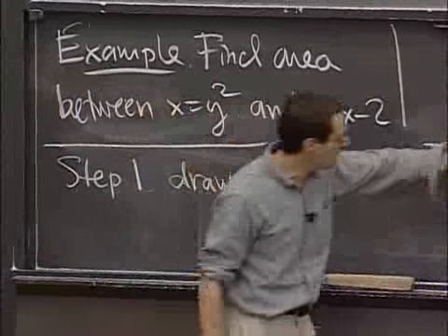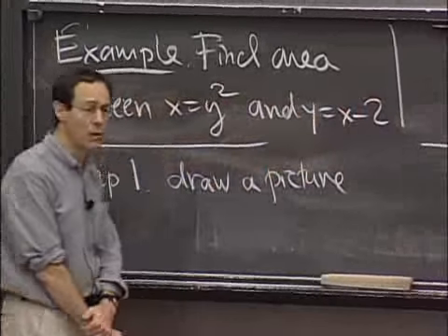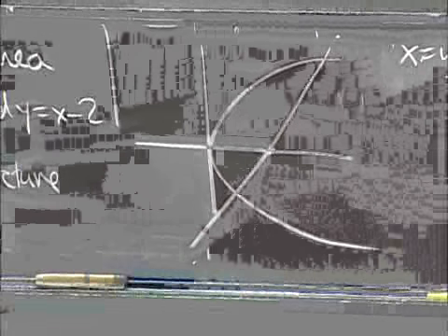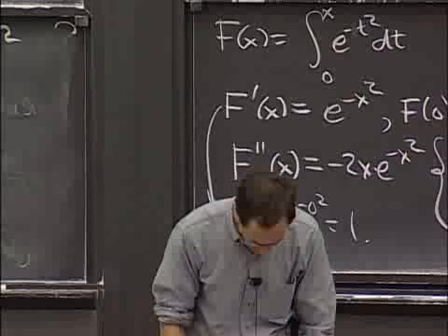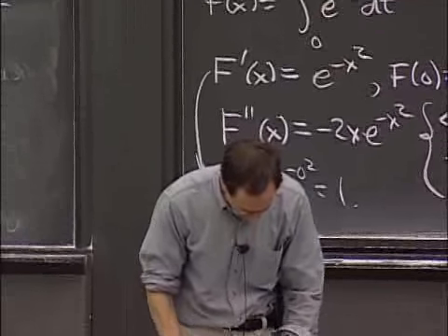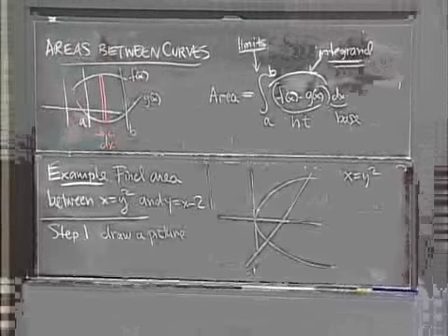Now that we see what it is, we have a better idea of what our goal is. If you haven't drawn it, you have no hope. All right. Now, I'm going to describe two ways of getting at this area here.